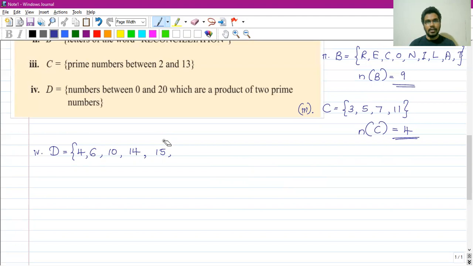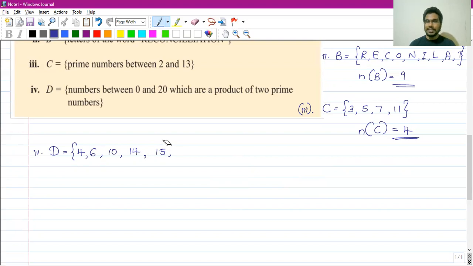16 we can write as 4 multiplied by 4, but both are not prime numbers. Again we can write 8 multiplied by 2, but 8 is not a prime number, so we cannot take 16. Next 17, so we cannot take 17. Next is 18. 18 we can write 9 multiplied by 2, but 9 is not a prime number.